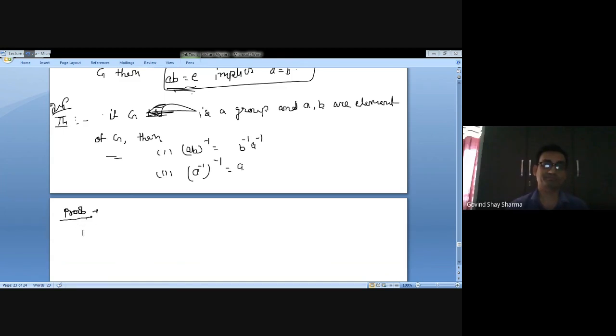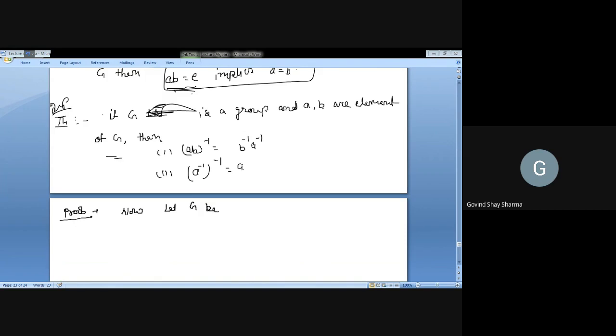Now let G be a group and A, B are two elements in the group.